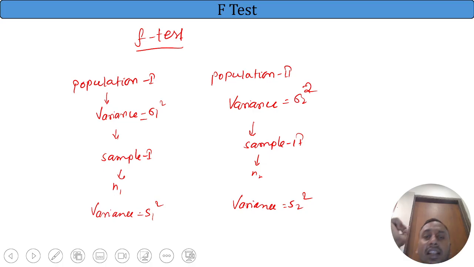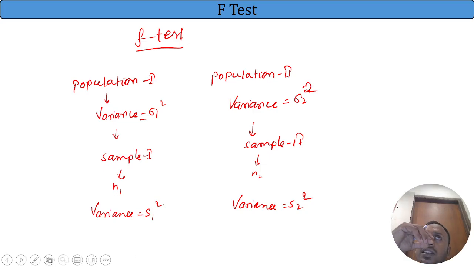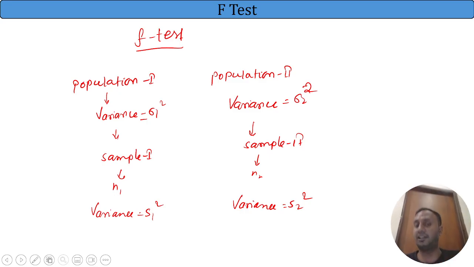Now in the F test, we're going to check the variance. Again the question will come: why can't we go for ANOVA? For the F test we should have only two populations, two groups. But for ANOVA, there can be many groups or populations. So ANOVA is actually an extension of the F test.